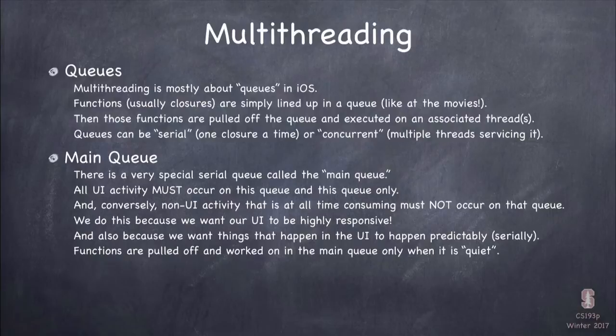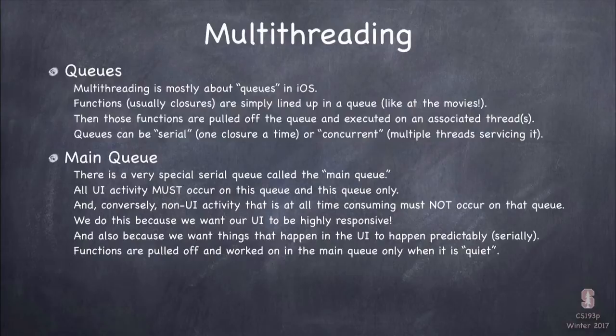A serial queue is a queue where the blocks of code are waiting in line to run, and there's only one thread to run them. So when the system comes along to grab the next guy in line, it runs him to completion and then goes back for the next one. So you see how they're serial, right? They happen in order. The entire line of closures waiting to run is processed in order, one at a time.